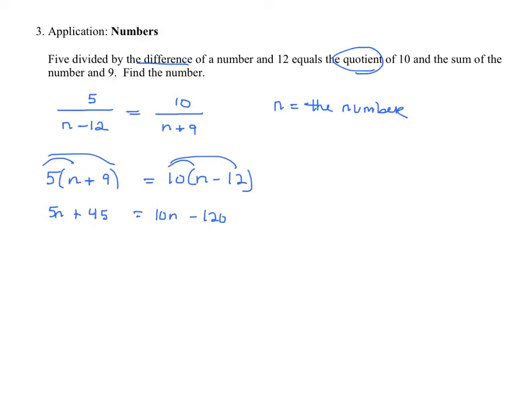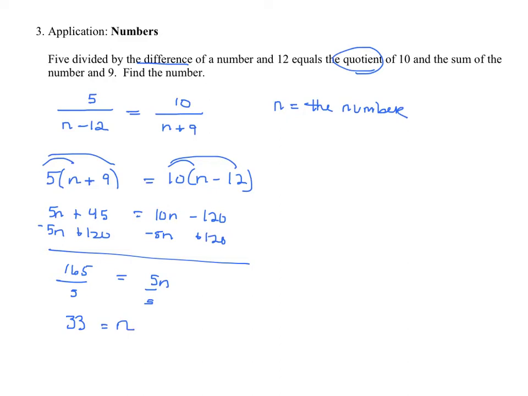So I'm going to bring the 5n over to the other side, and I'm going to add 120 to both sides. So I get 5n is equal to 165. I'll divide everything through by 5. So I'll get 33 is equal to n. So the number is 33.